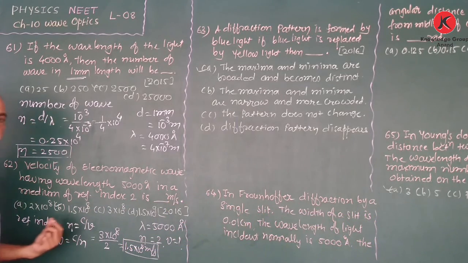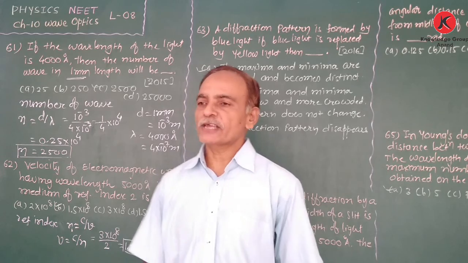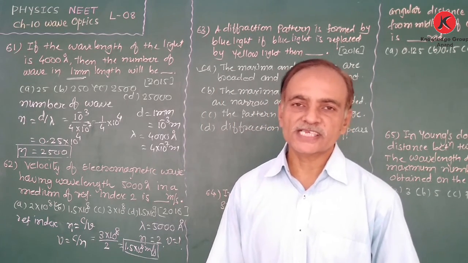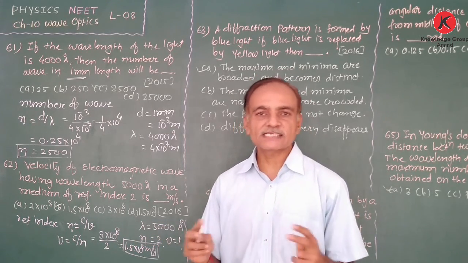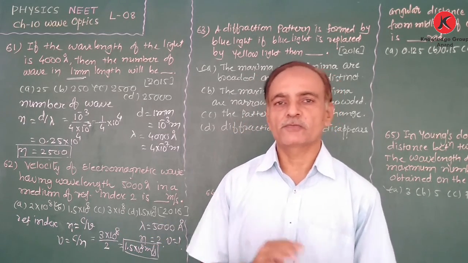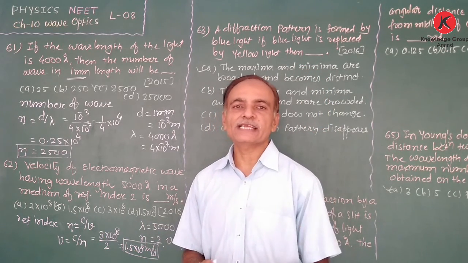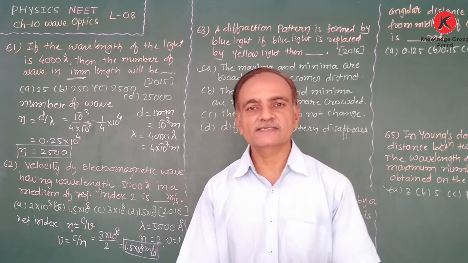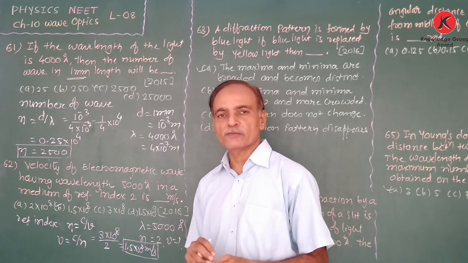Again, from the definition of the refractive index of a given material, if we know the velocity, we can find out the refractive index of a medium using the equation n is equal to c upon v. C is the velocity of light in a vacuum and v is the velocity of light in the given medium. The ratio of these two velocities gives the refractive index of a medium with respect to vacuum.